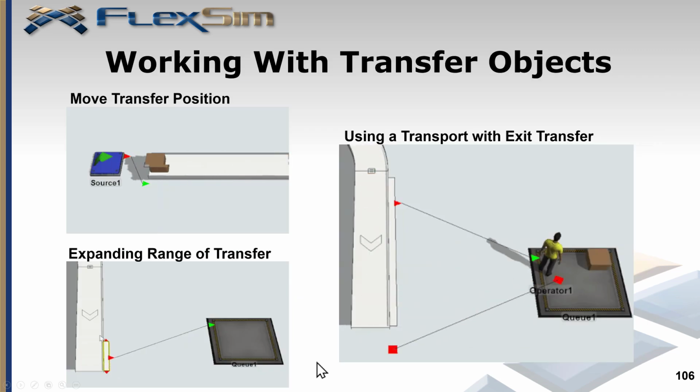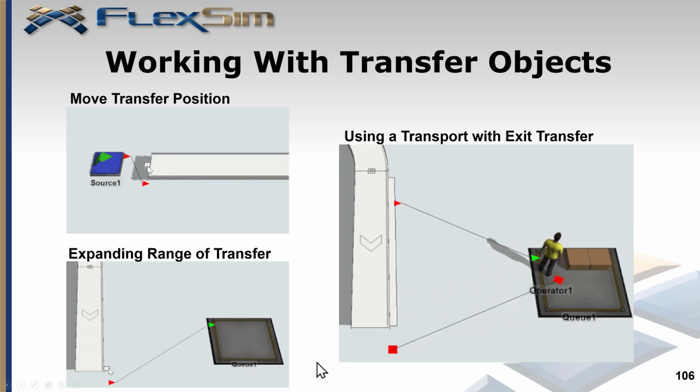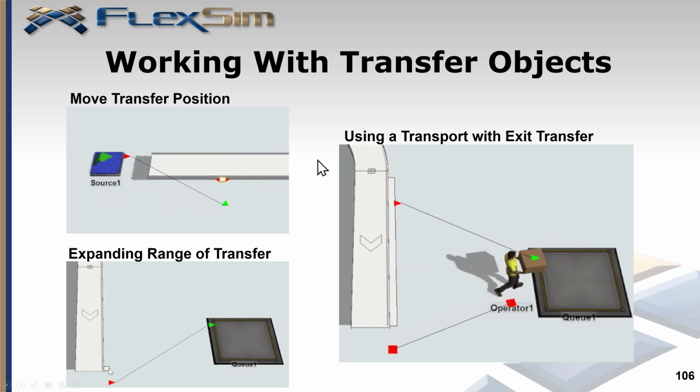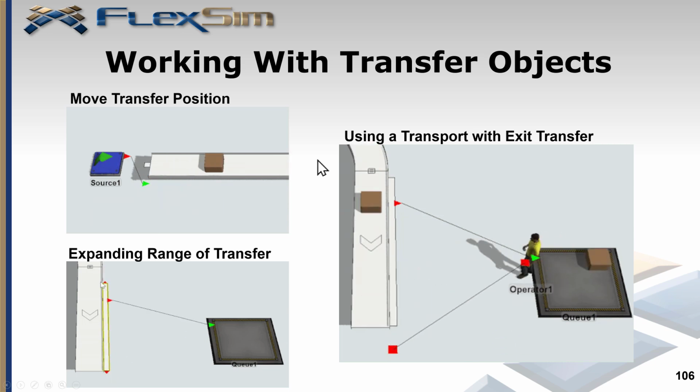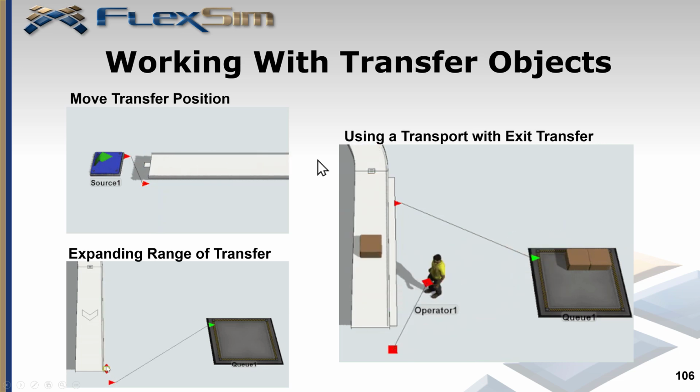So working with transfer objects. Flow items will enter or exit a conveyor from the place in the conveyor where the entry or exit transfer is positioned.